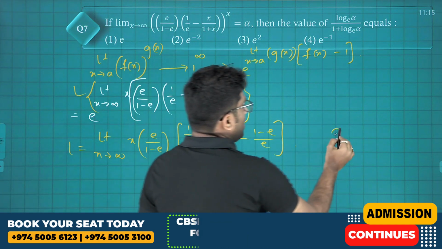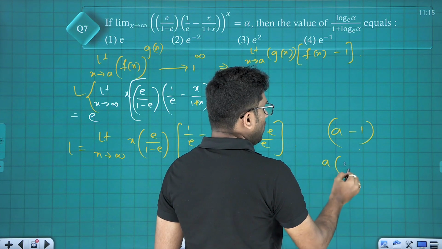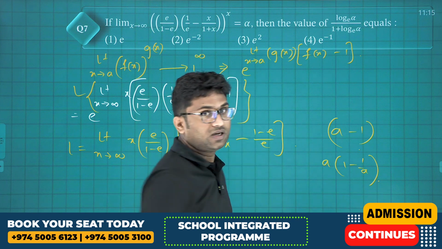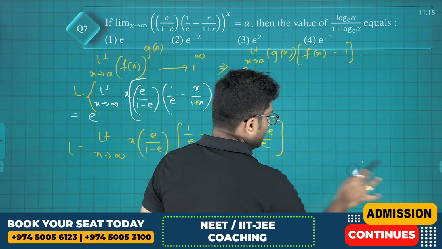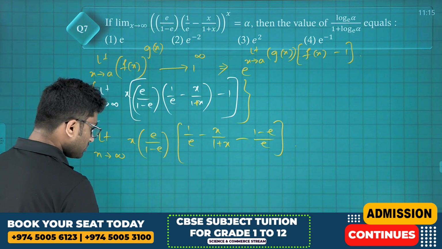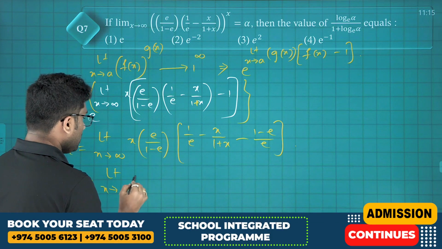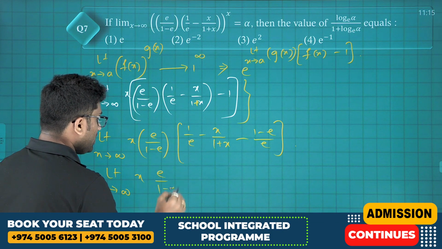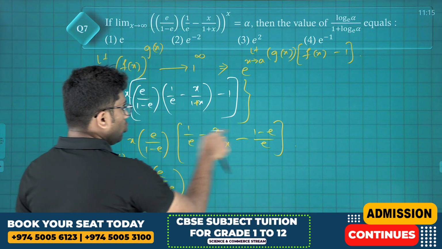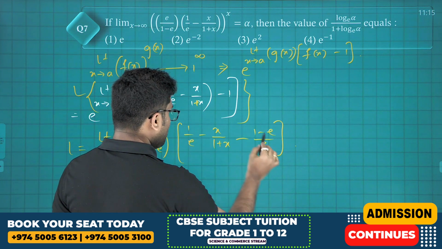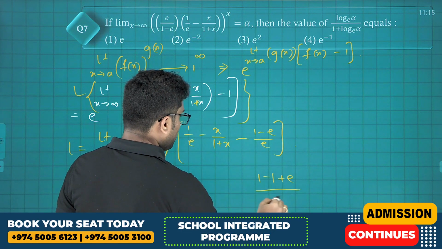Like a of (a minus 1), when you take a common, a of (1 minus 1 by a) we write, correct? In the same way, next step, limit x tends to infinity of x into e by 1 minus e, into 1 by e minus 1, that is 1 minus 1 plus e divided by e.